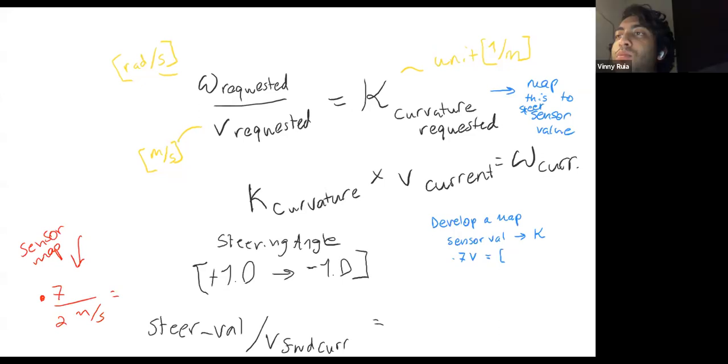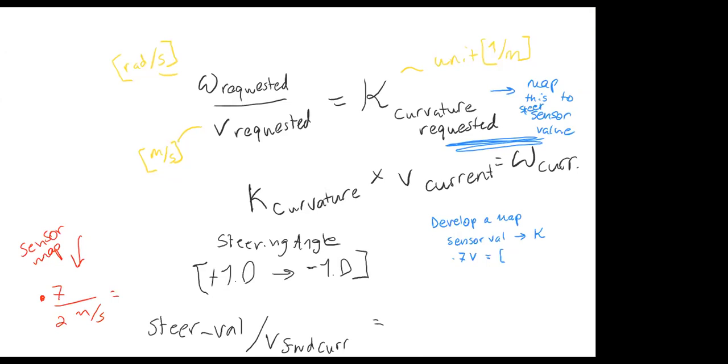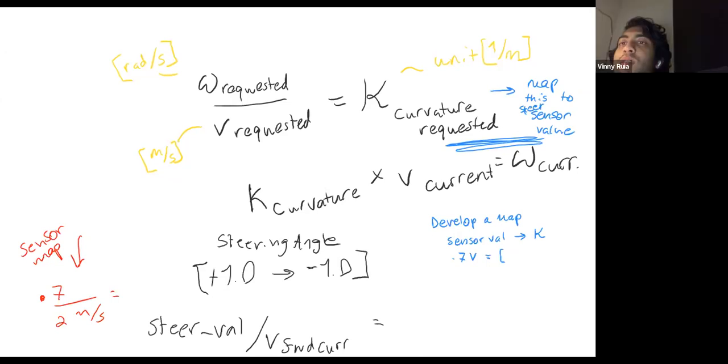So essentially what you're doing is you are creating an empirical relation between your curvature and whatever your analog sensor is giving you. Yes. And then you can solve for it if you know your requested forward velocity.